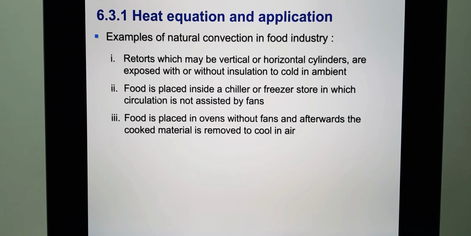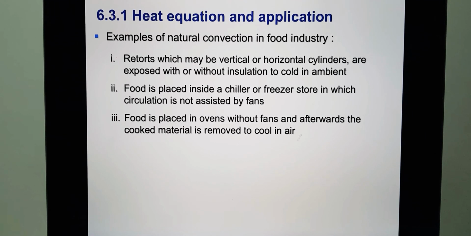And then for the second condition, food is placed inside a chiller or freezer store in which circulation is not assisted by a fan. You have a chiller or a refrigerator or freezer, but they are not equipped with fans.